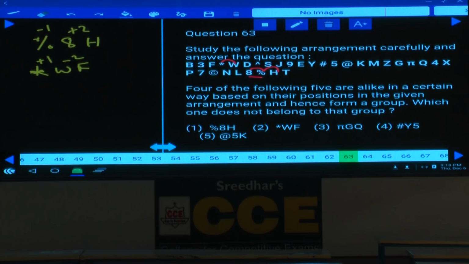Then choice 3, pi, G and Q. Now in pi and G, minus 1, plus 2, minus 1 plus 2. But in choice 3 it is plus 1 minus 2. Then what is your answer here? Choice 2 is done. And in the remaining choices, you will have the same pattern, minus 1 plus 2, and so on. And this is about question number 63.